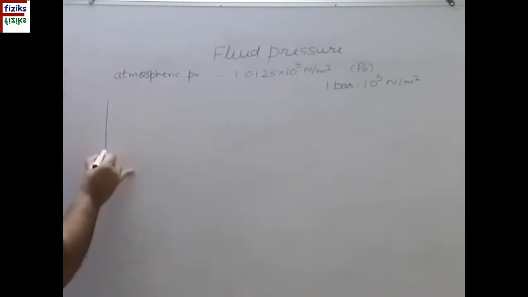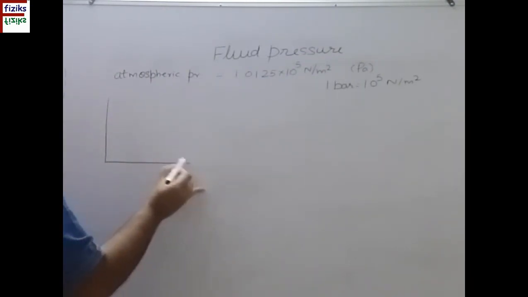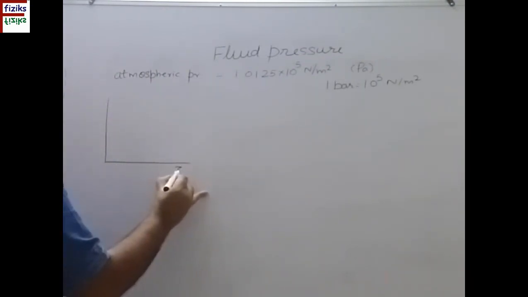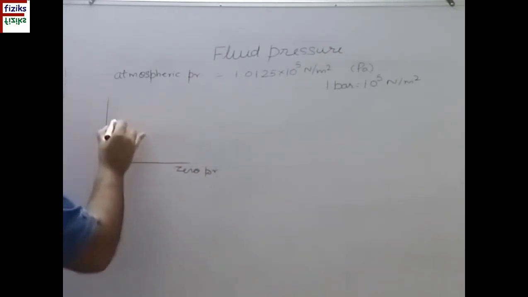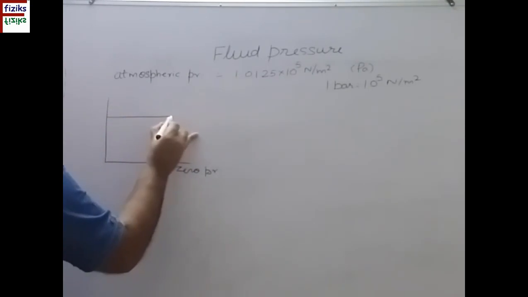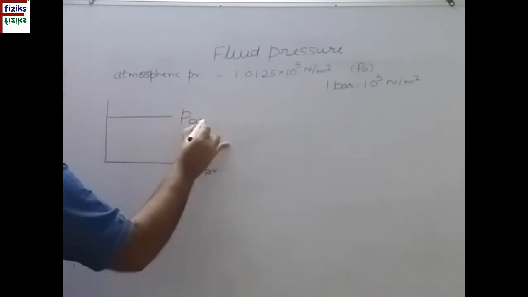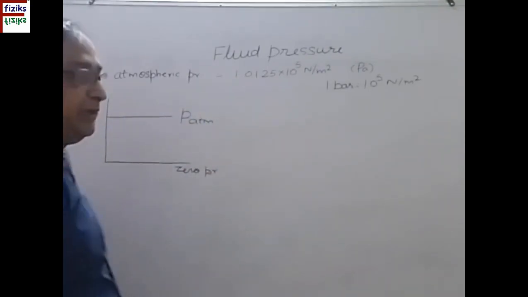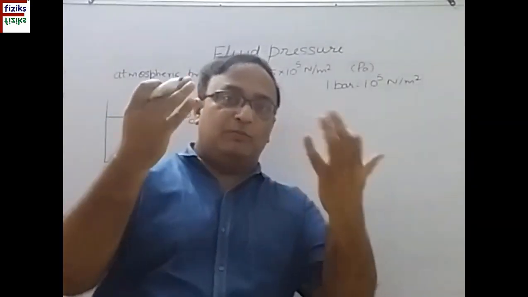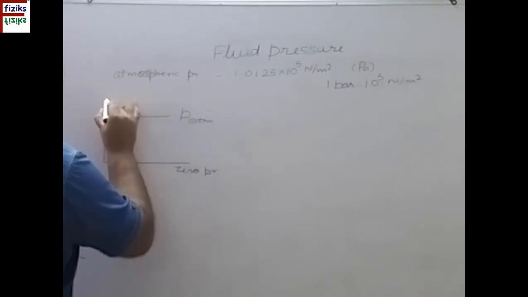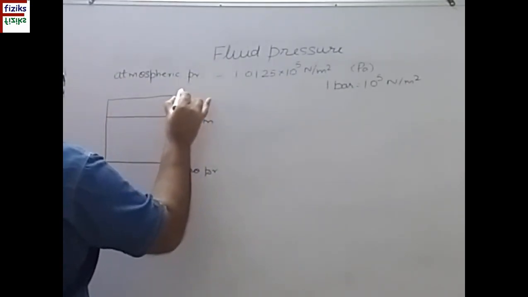So, if we have pressure which is above the atmospheric pressure, this is the zero pressure line, and this is the atmospheric pressure. The pressure may be above atmospheric and below atmospheric. The pressure above the atmospheric pressure is called gauge pressure.